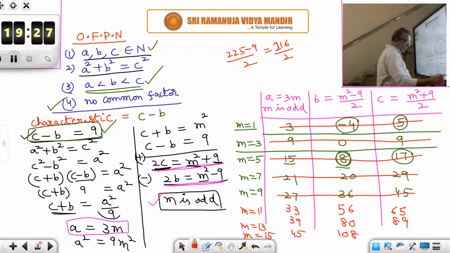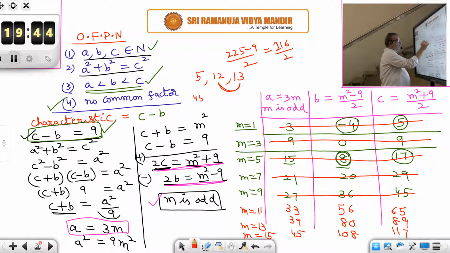So are they okay? They look like okay, but they are not correct, because these are actually 5, 12, 13, characteristic 1 only. 13 minus 12. We are multiplying this by 9: 9 into 5, 45; 9 into 12, 108; 9 into 13, 117.